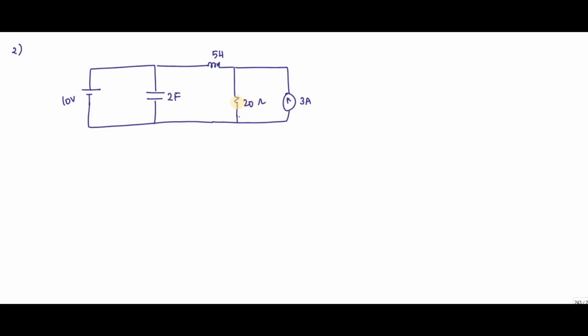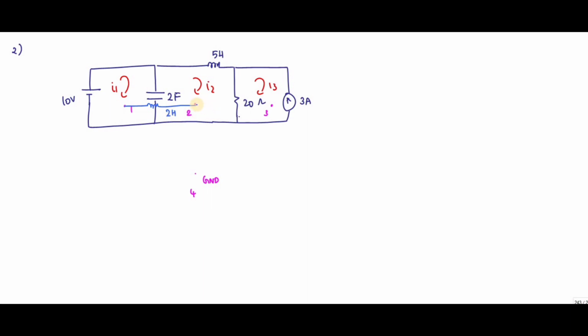For this one, you have to draw the dual. First, you have to draw the current directions. This is I1, this is I2 and this is I3. And you have to denote the nodes. This is 1, 2, 3 and 4, that is ground. Between 1 and 2, I have a capacitor, so that has to be replaced by an inductance, and that value is 2 Henry.